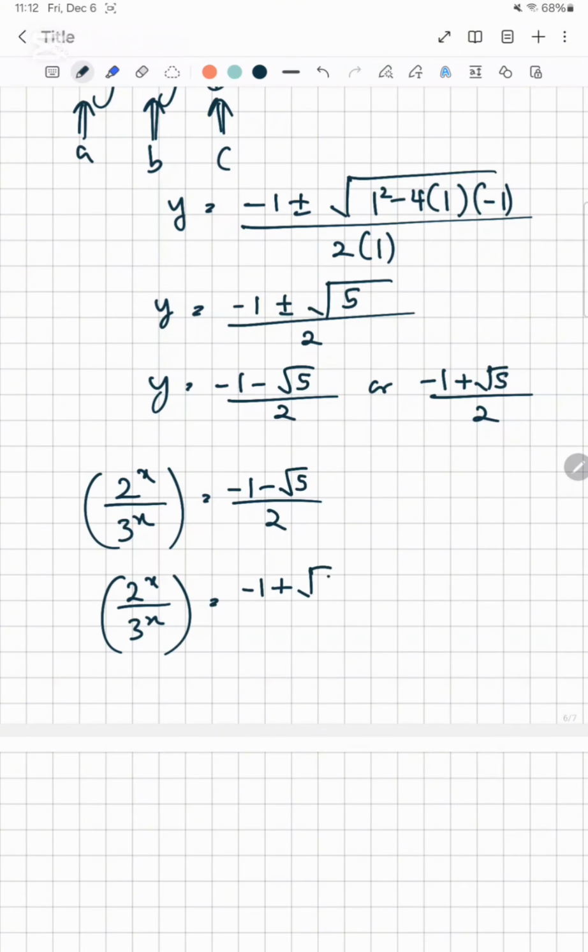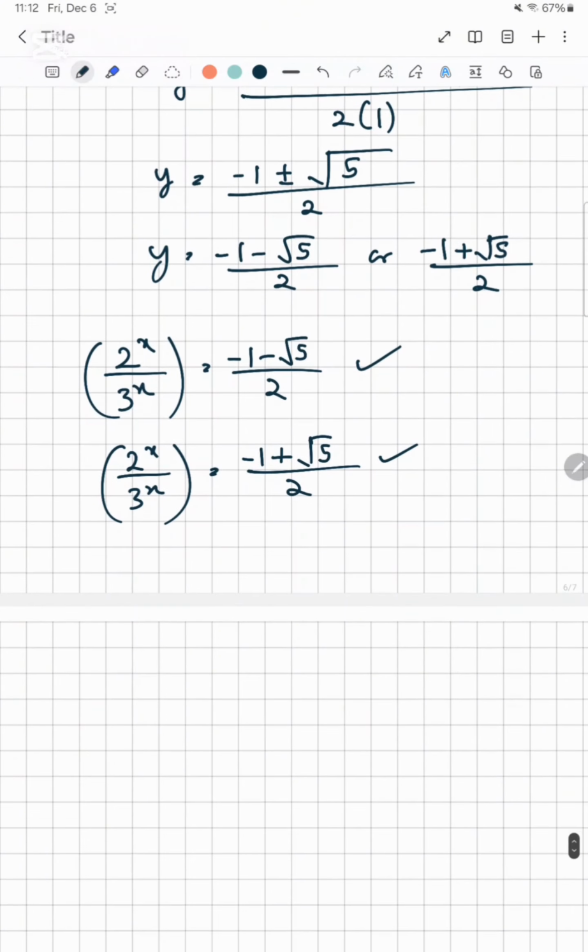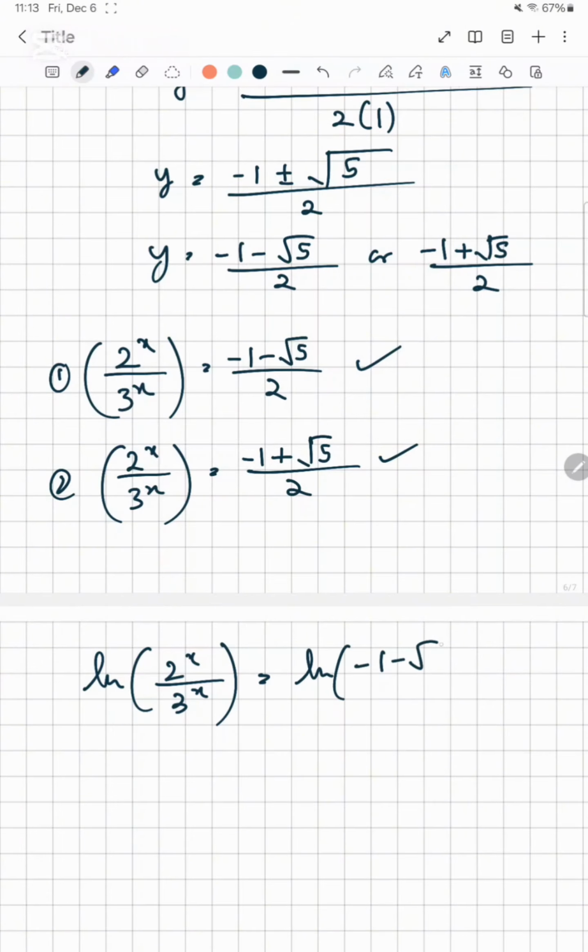Now I'm going to put ln functions to both sides so I can take the x down. I'll take the first one: ln of 2 to the power x over 3 to the power x equals ln of minus 1 minus root 5 over 2. In this case, this is a negative value, right? You cannot find the value of ln for a negative value, so this is not possible.